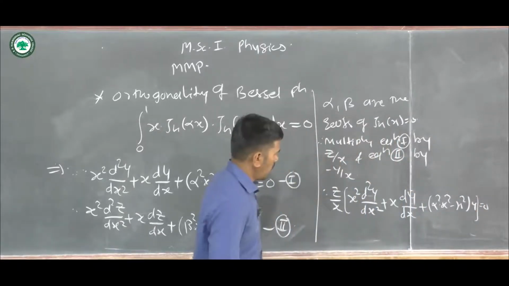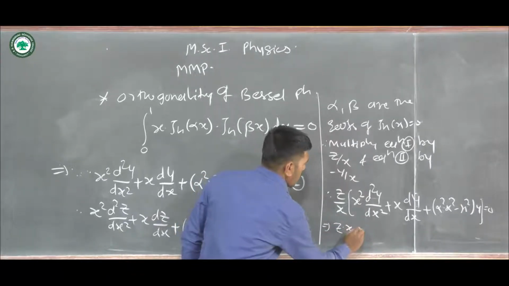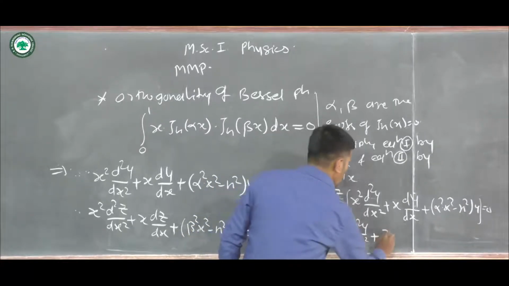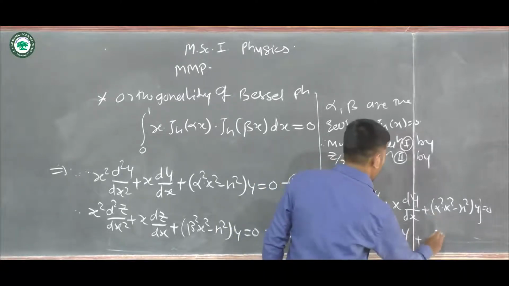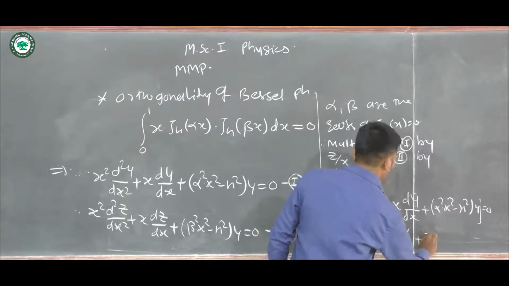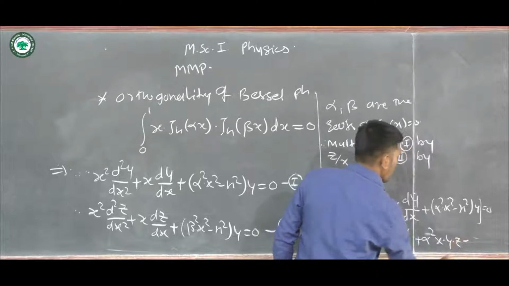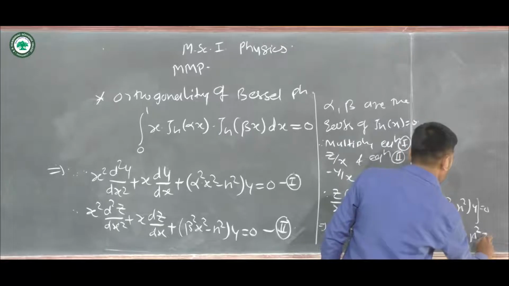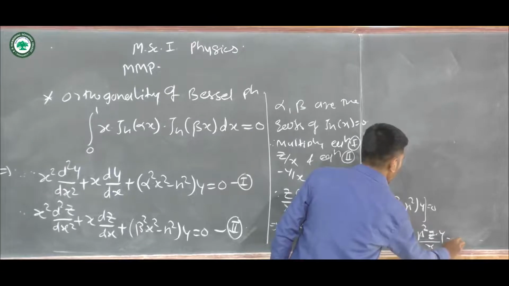This becomes z x d square y by dx square plus z dy by dx plus alpha square x y z minus n square z y by x is equal to 0.